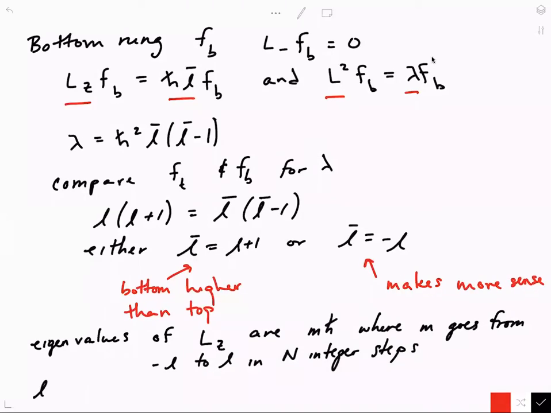Then we know that L could be written as negative L plus N, and L is N over 2.